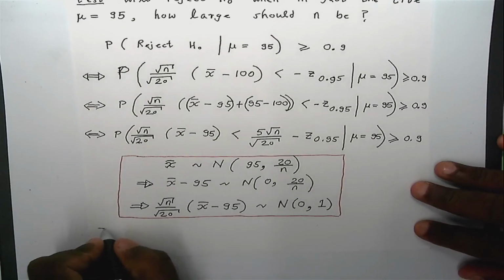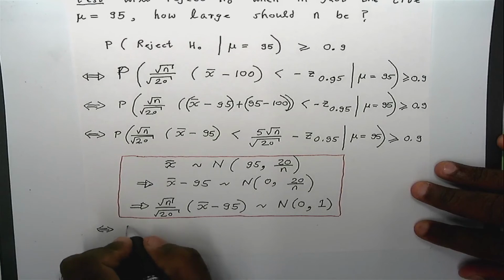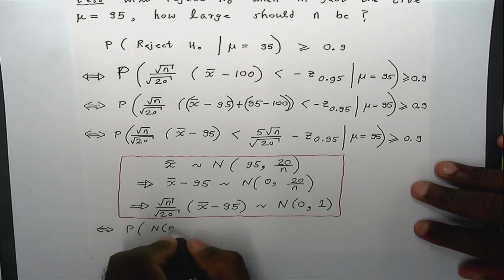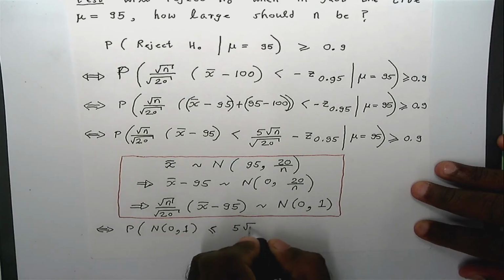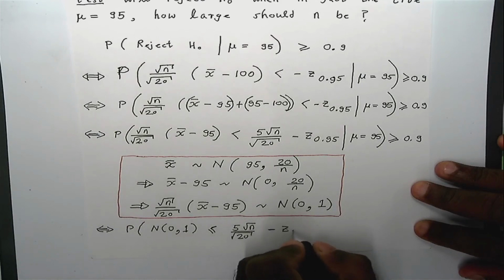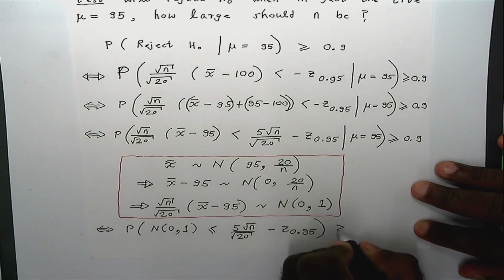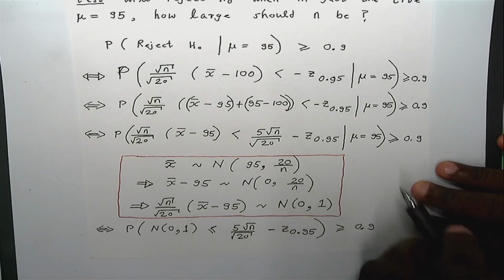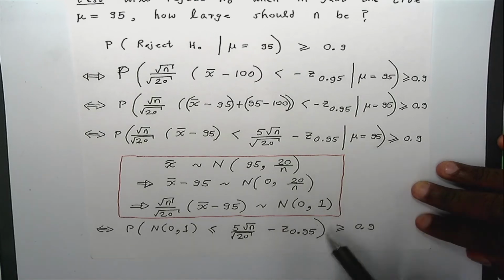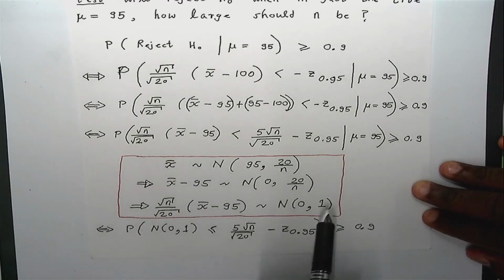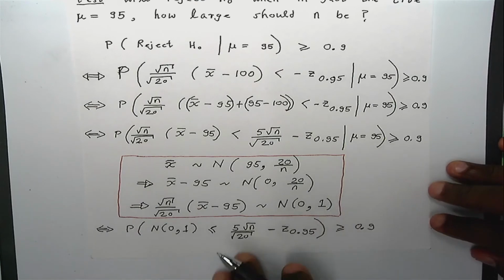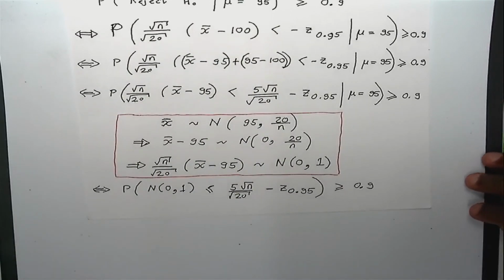So you get the probability that a standard normal is less than or equal to this is greater than or equal to 0.9. Once again, I removed the conditioning from this line to this line because I used this conditioning to argue that this has a standard normal distribution. So we don't need this conditioning anymore, right? Okay, so let's continue.